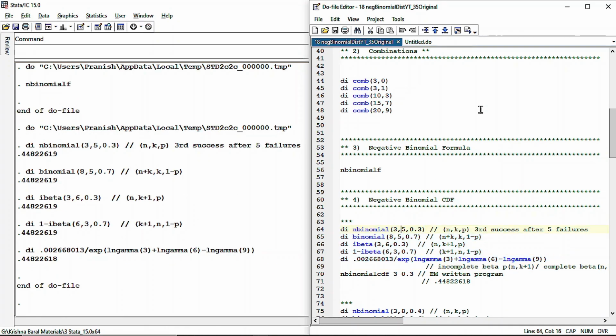It is the third success after 5 failures when the probability of success is 0.3 in the case of the negative binomial distribution. In terms of the binomial distribution, we write n plus k, so 5 plus 3, 8 over here, and k is the failure, and the probability of failure is 70%, because 30% is the probability of success. Now in terms of incomplete beta, the first parameter a is the nth success, the second parameter b equals k plus 1, and the probability of success.